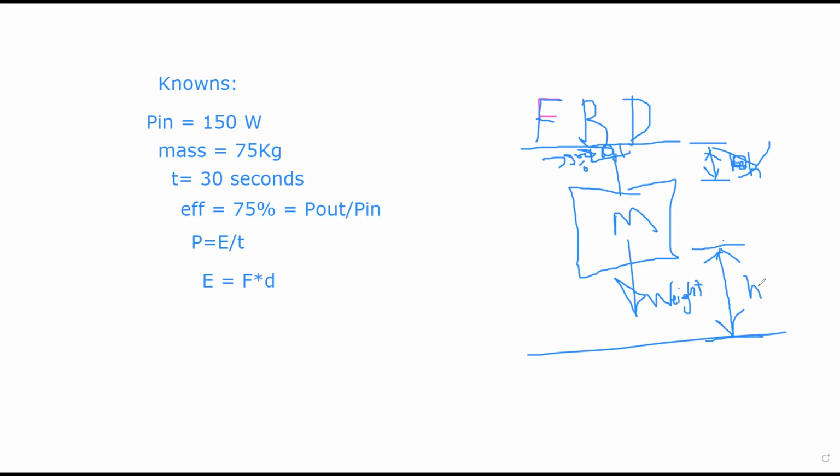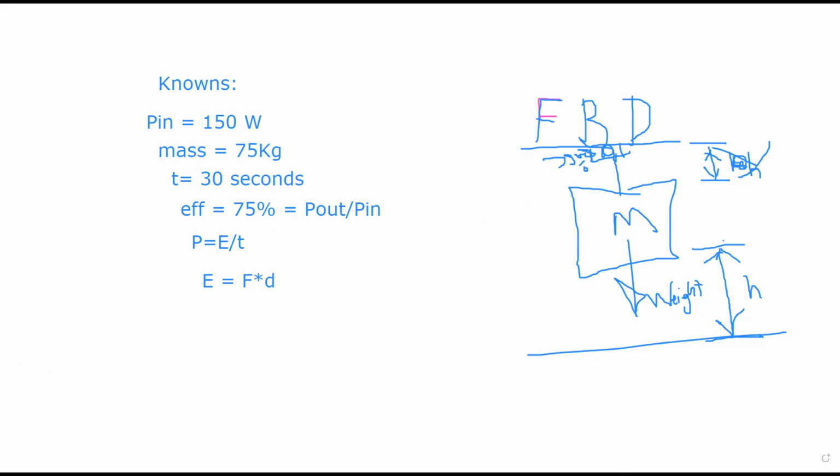All right. So what do we need to do in this problem? We know the efficiency, 75%. We know P in is 150 watts. We don't know P out. We don't know P loss.